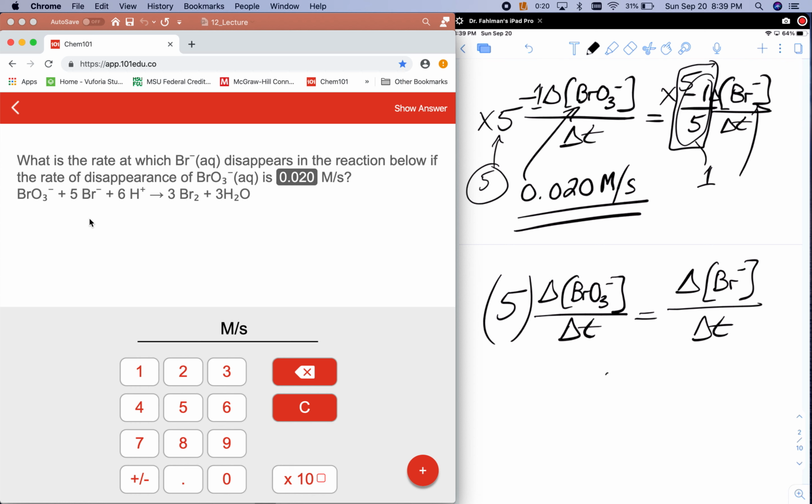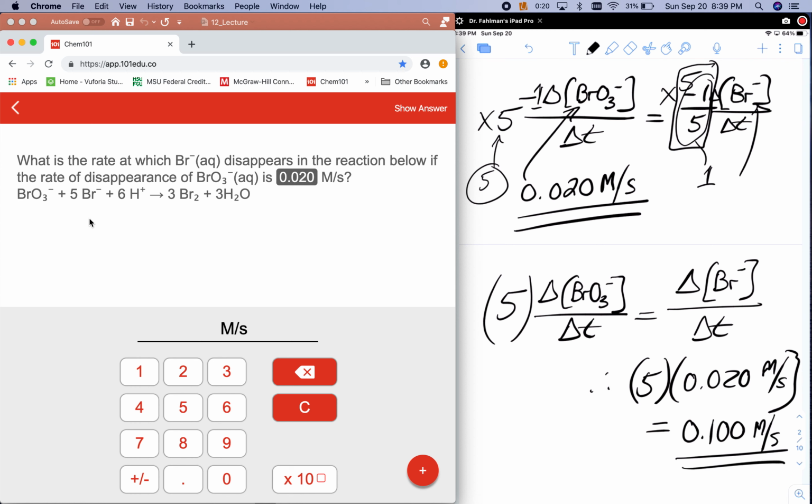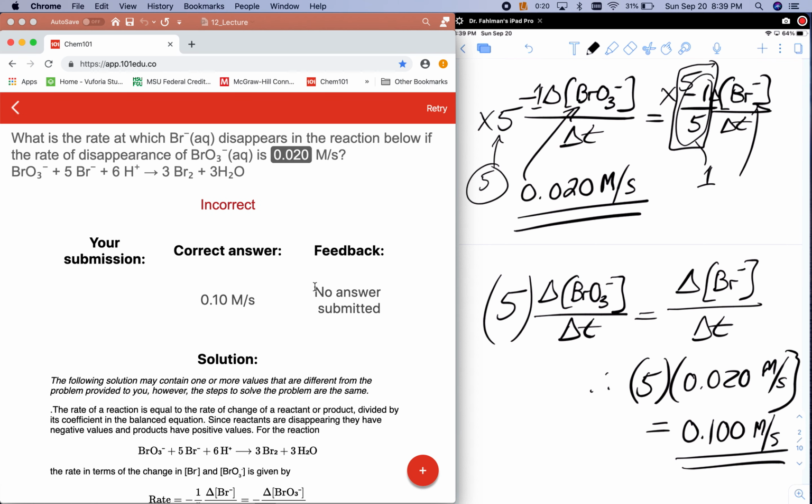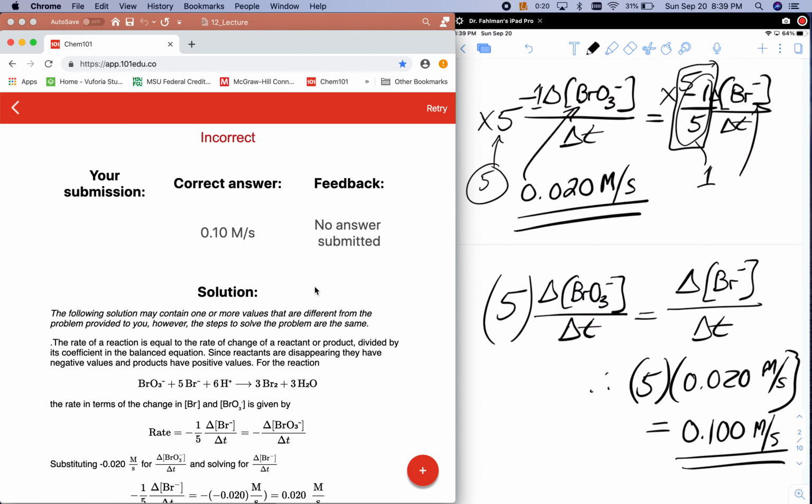And so in other words, we do 5 times 0.020, so that should be 0.100. I guess I added another 0 in there.